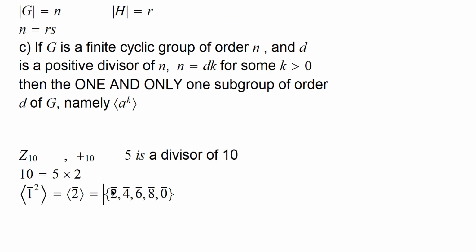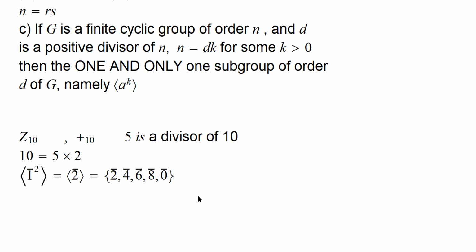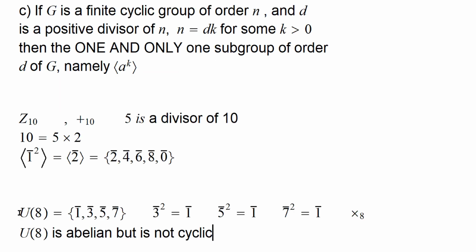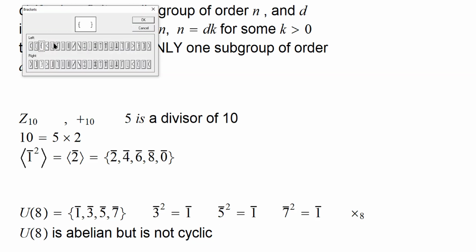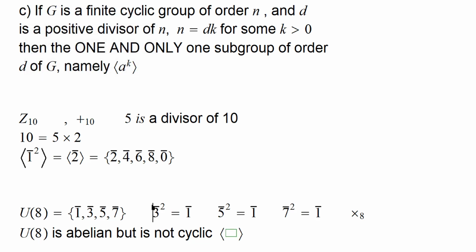But the main thing here is that, as an implication of this statement, this particular subgroup is the only subgroup of order 5 in Z10. Remember we did this, that U8 with multiplication modulo 8 is not cyclic. In this case, 2 is a divisor of 8, but there are three different subgroups of order 2 here.